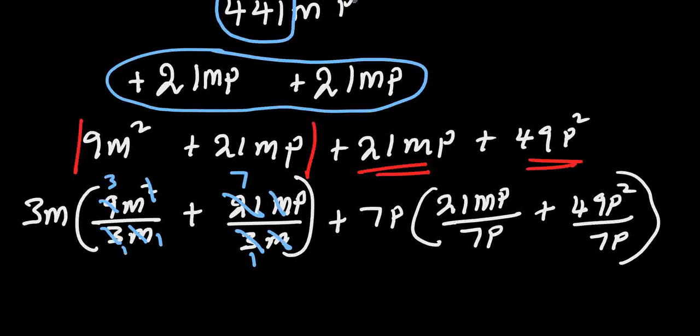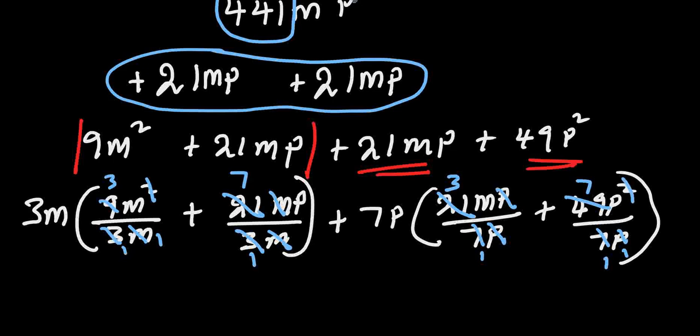And over here, 7 divided by 7 is 1, 21 divided by 7 is 3, and P can also cancel P from here. 7 divided by 7 is 1, 49 divided by 7 is 7, P divided by P is 1, and P squared divided by P is P.